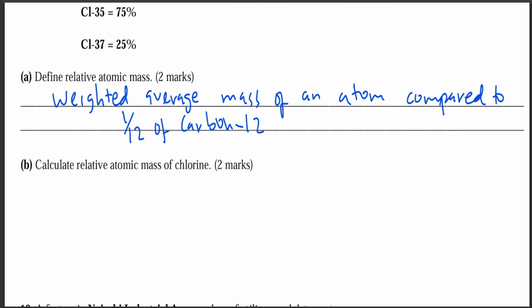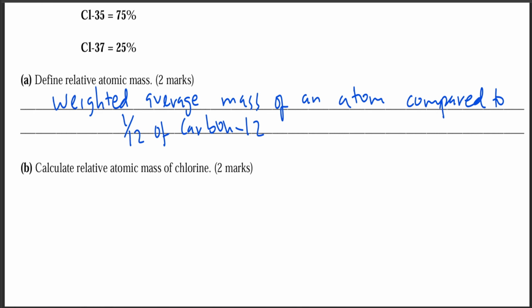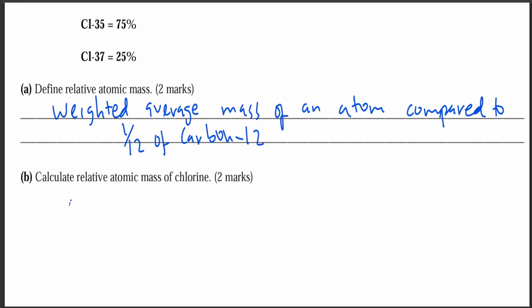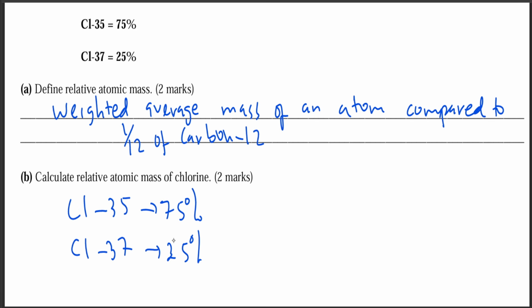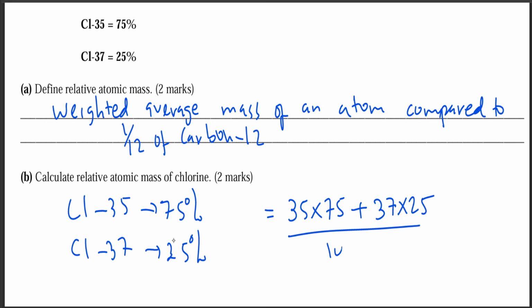So calculate relative atomic mass of chlorine. Haya, umepewa hapo kwenye hii swali 35, percentage yake ni 75%. Hiyo nyingine chlorine nyingine 37, percentage yake ni 25%. So it's just the same. Utachukua mass number 35 times its percentage abundance, which is 75, add it to the other mass number times its percentage abundance, which is 25, divide by 100.